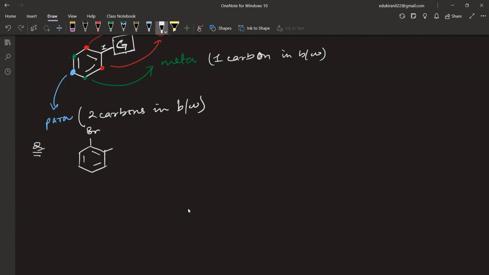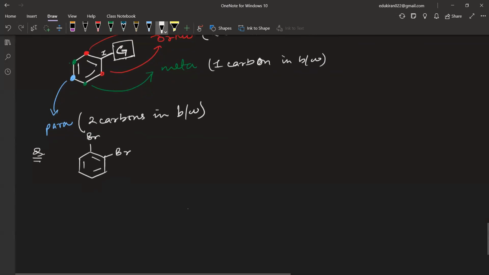A Br here, we have a Br here. Now, what is the relation between these 2 bromines? Is there any carbon between them? Yes or no, please tell me. No, sir. That means these are ortho substituted. That means these are what? Ortho dibromobenzene. What will you call them? Call them ortho dibromobenzene.